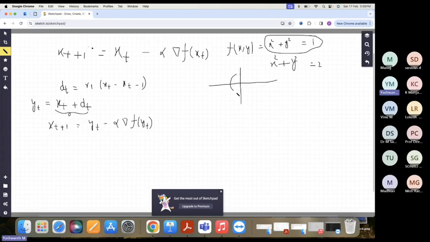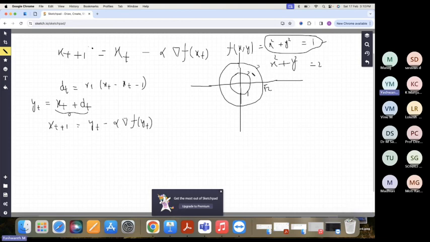So this is a circle of radius 1, that is first, and this will be a circle of radius square root of 2, and so on. So what does this circle and this circle represent?